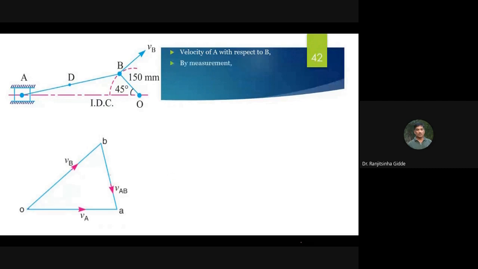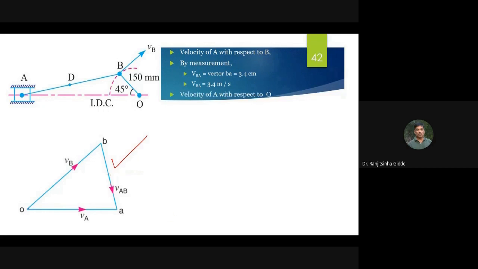Then we need to determine the velocity of A with respect to B. So we need to measure this vector. Vector BA is equal to 3.4 centimeter. Therefore, the velocity of B relative to A is equal to 3.4 meter per second.